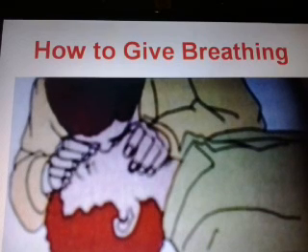Place your mouth over the victim's mouth, making an airtight seal. Breathe into the victim's mouth 4 times quickly, taking a quick breath in between to refill your own lungs with fresh air.